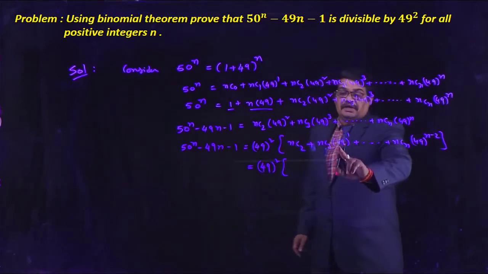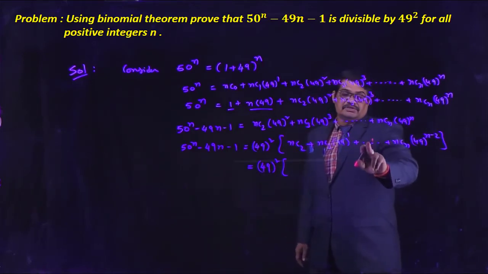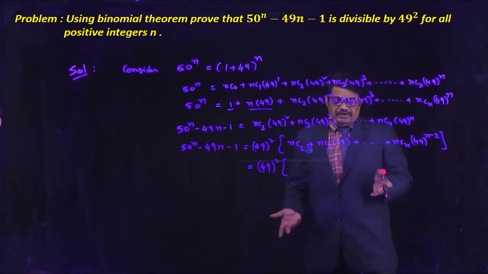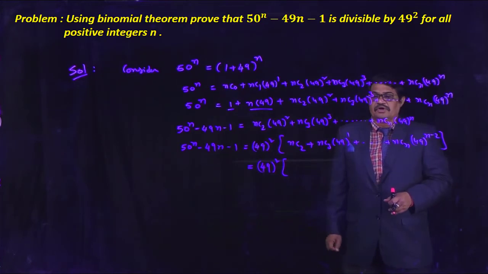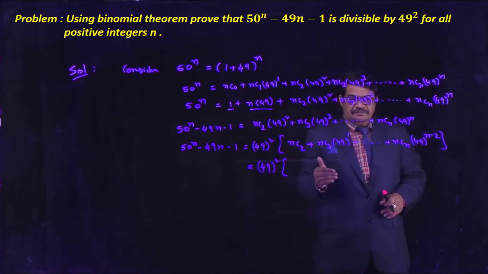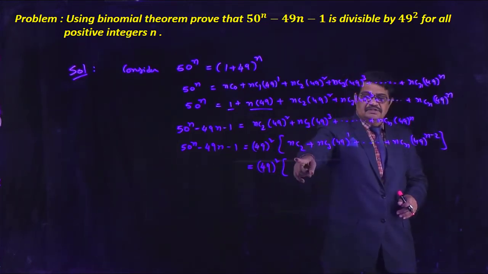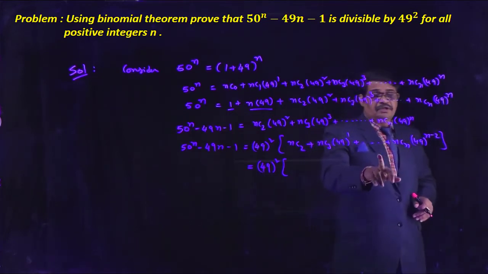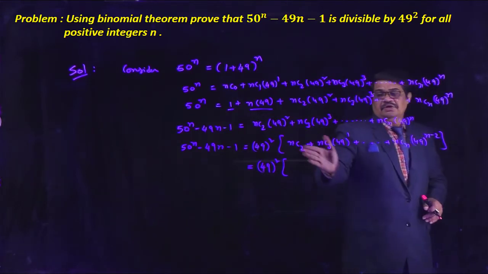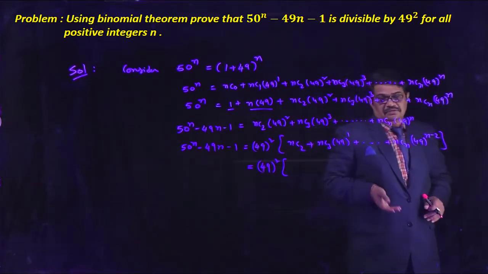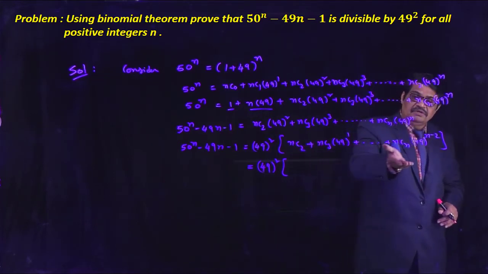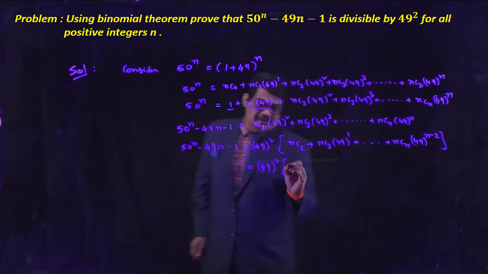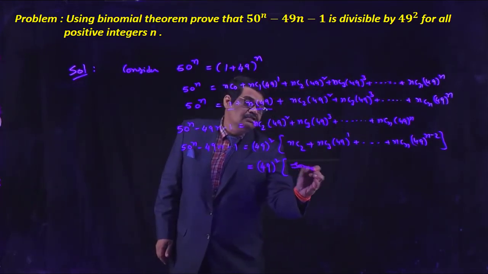And 49 to the power of 1, 49 square and so on up to 49 to the power of n minus 2 are also always positive integers. The sum of the products of integers is again some integer.